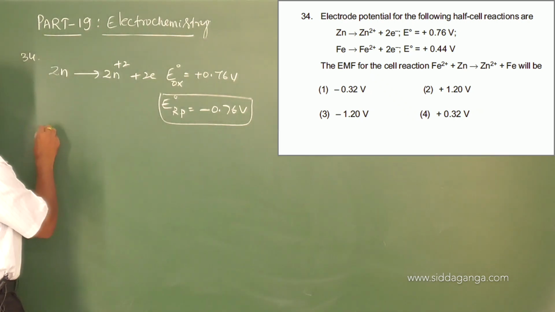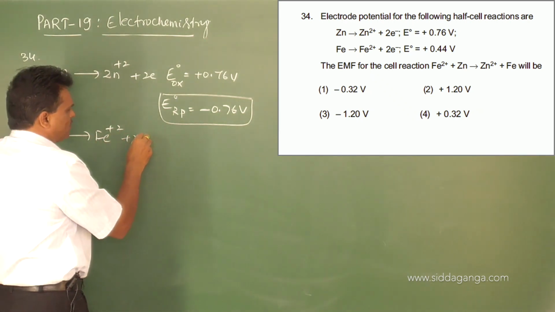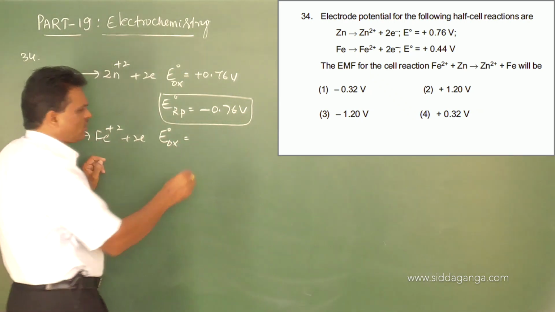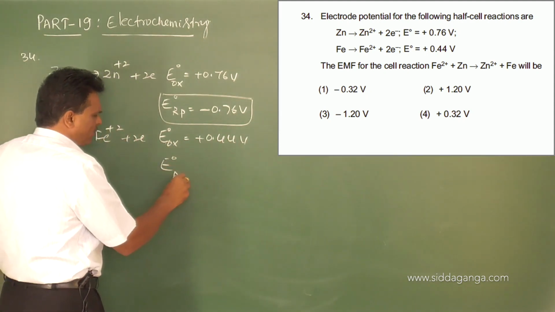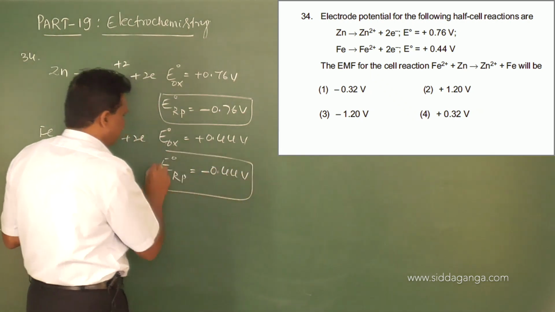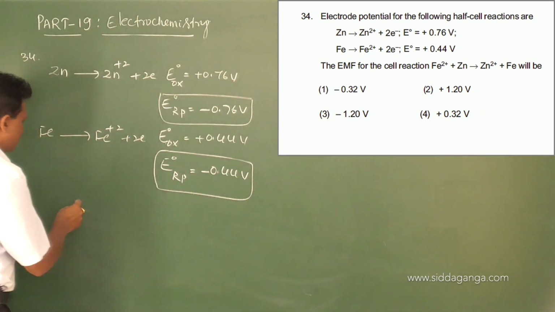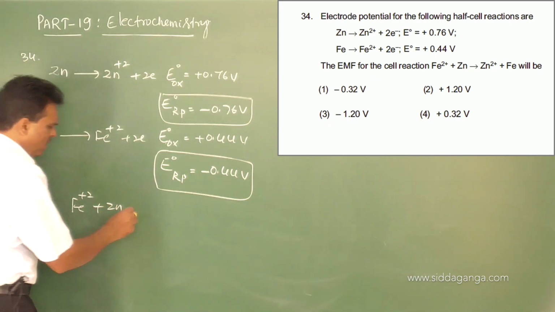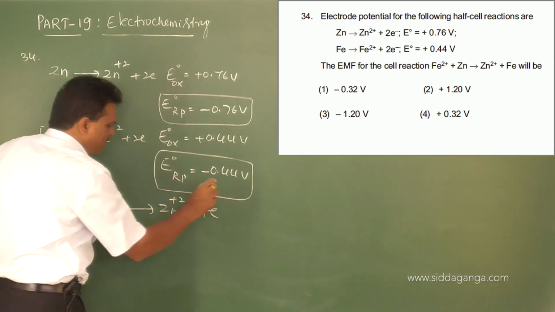Then the second one, Fe gives Fe plus 2 plus 2 electrons. So here also the E naught oxidation potential is given as plus 0.44 volts. So here the reduction potential is minus 0.44 volts. This should also be remembered, because if they ask what is the EMF of the cell reaction, Fe plus 2 plus Zn will give rise to Zn plus 2 plus Fe.